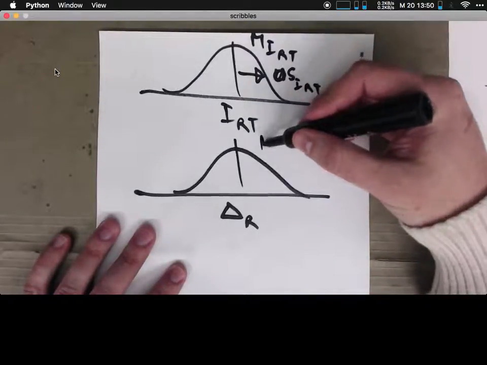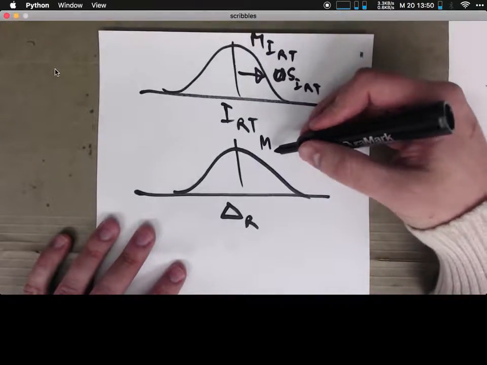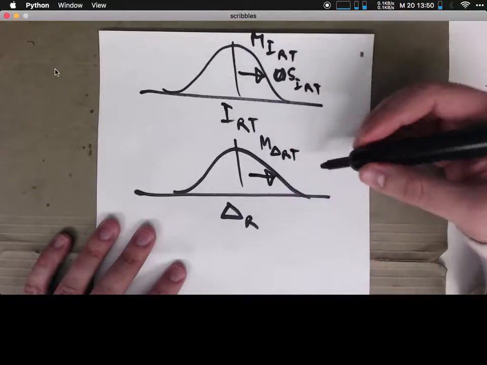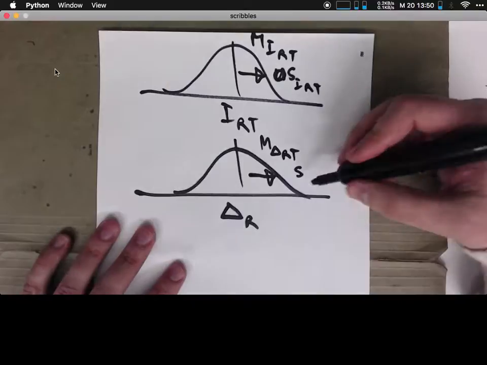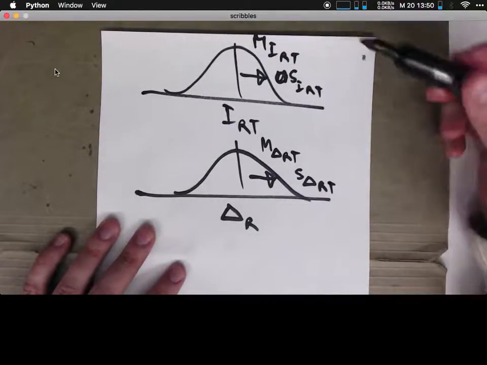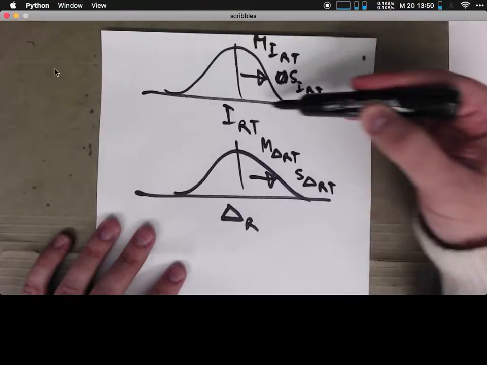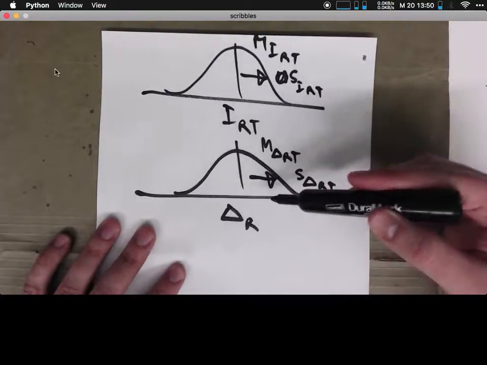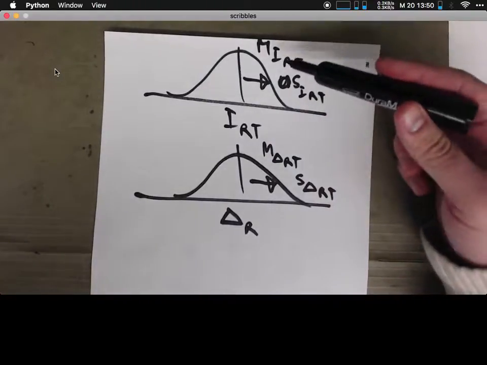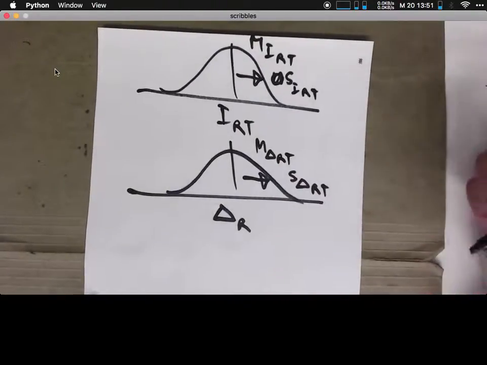So we'd have a mean for the effect on RT and a standard deviation for the effect on RT. Because again, we can compute for each person an intercept and each person an effect. So there's some distribution across people and that we'll characterize as just normal.